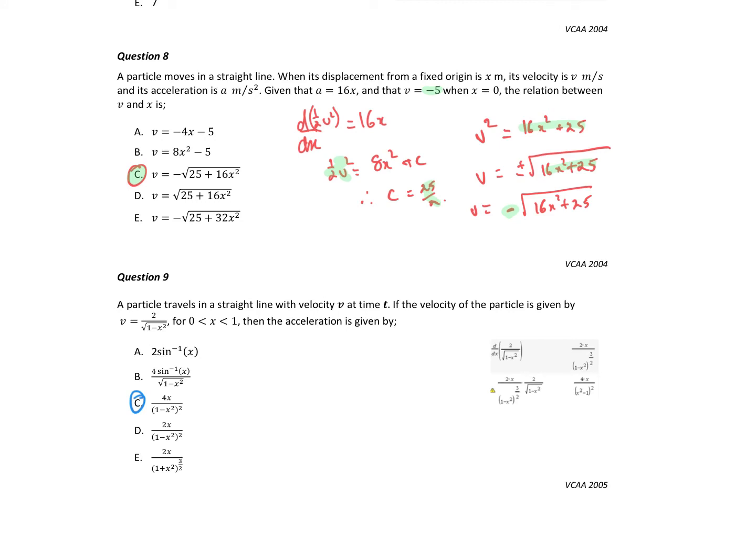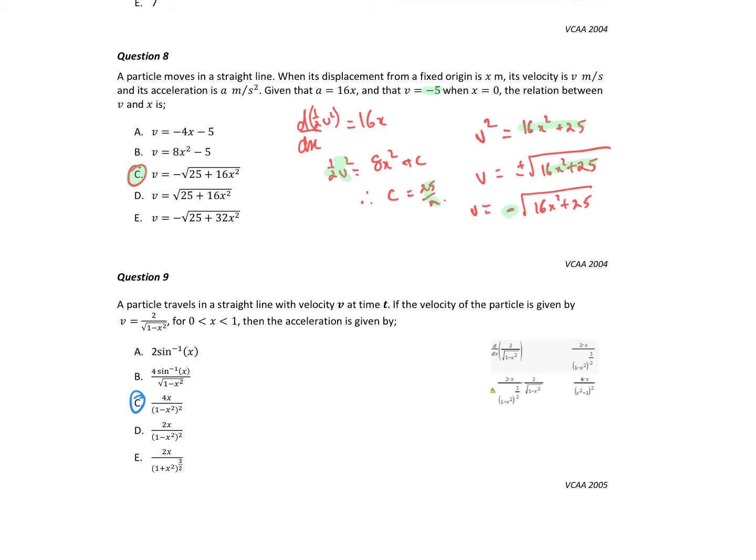What have we got? A particle travels in a straight line with velocity v. Velocity is given, and we want the acceleration. Again, I've got my velocity. Acceleration is v dv/dx.